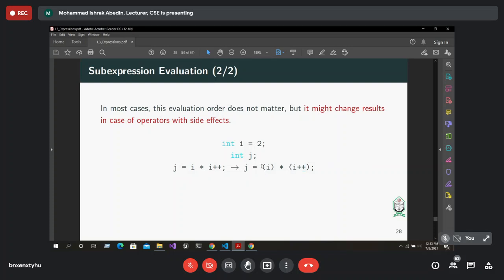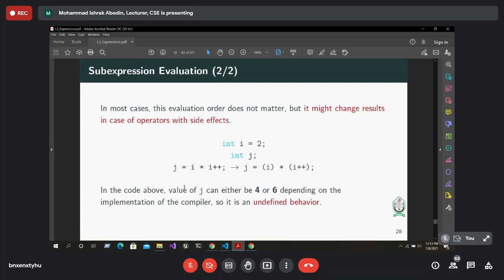That means 2 into 2 is equal to 4. So j is 4, and then I becomes 3. Or if this statement is evaluated first, I++, for now this is evaluated as 2. Now I increments by 1, I becomes 3. This becomes 3. 3 into 2 is 6. So the value of j can either be 4 or 6 depending on the implementation of the compiler.